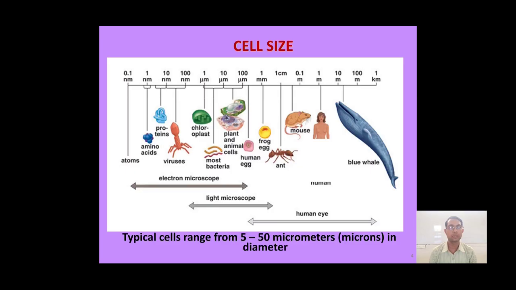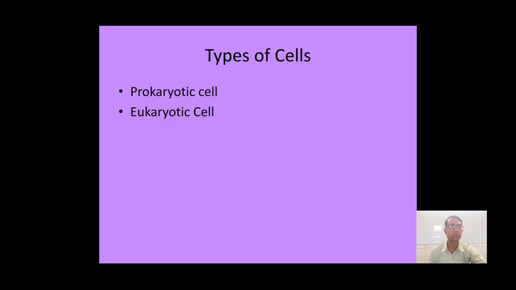Then the different types of organelles are in micrometers. After that there are different types of organisms that we can measure in meters. So nanometer to kilometer is the size of the different organisms or different types of cells included in an organism.